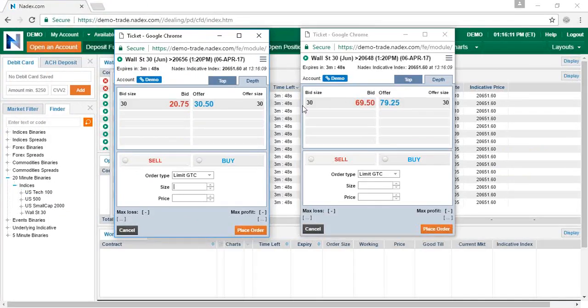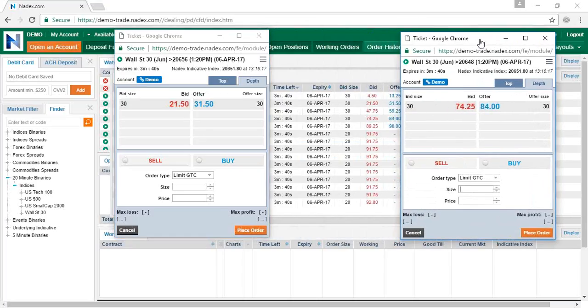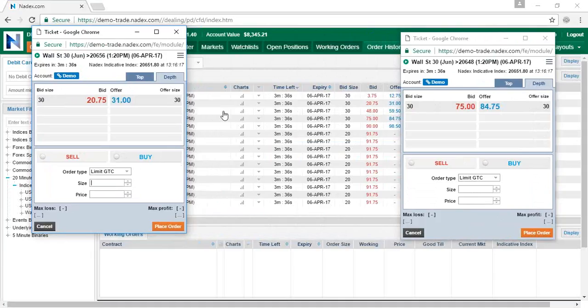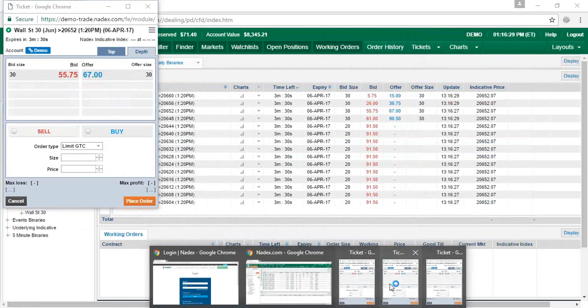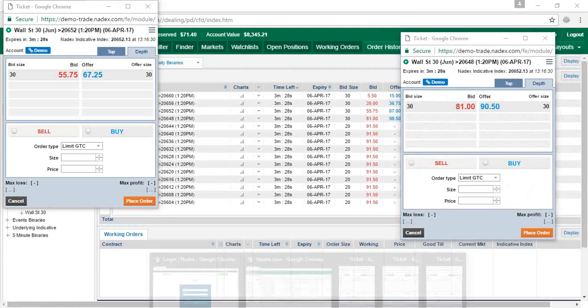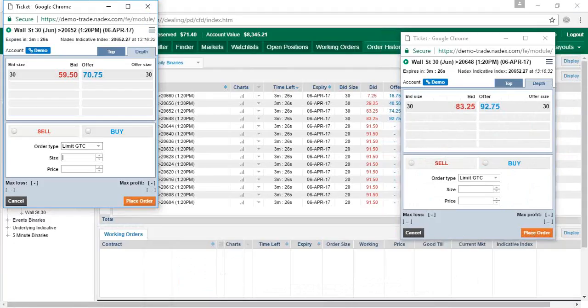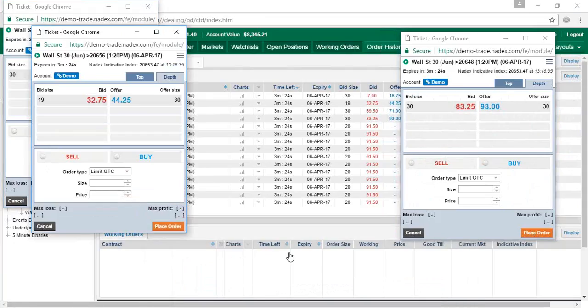Here we're at 18 and 27. The closer we get to expiration, I want you to see how fast these move. I'm also going to pull up one more, this one right here. Let me get all three back up now. There we go.